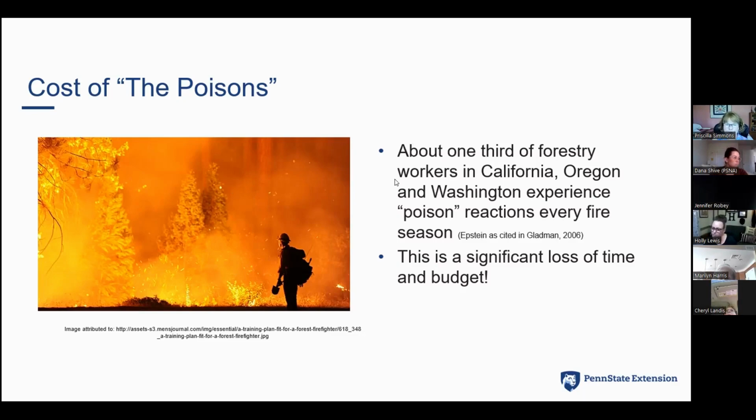About one third of the workers in the forestry industry, the workers who fight fires, experience a poison reaction every season. And that is very significant, loss of time and budget wise.